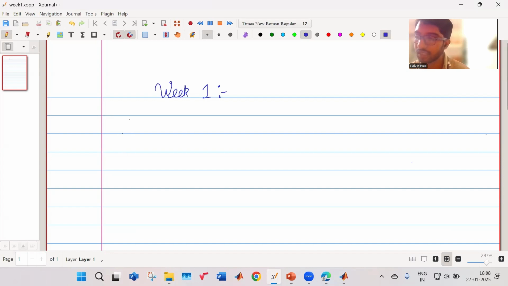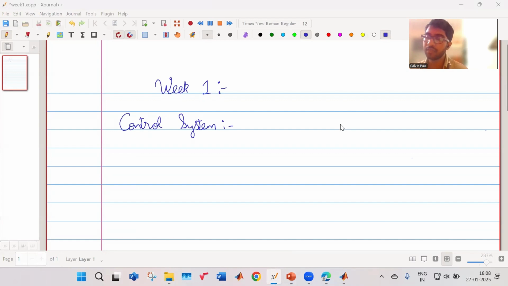So we are working from the control systems perspective. There are various systems, and we want to control them. When we want to control them, we need a model of the system, so we do what is known as mathematical modeling.